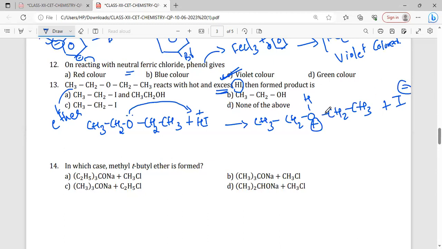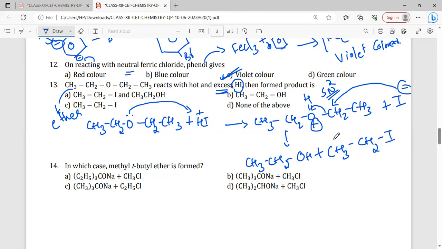So this oxygen has got positive charge. Obviously, it wants to take electrons. It will take these electrons, and now this carbon has become electron deficient. The nucleophile will attack. So this is a nucleophilic substitution reaction, and specifically an SN2 reaction, because your nucleophile is attacking from the opposite side of the leaving group. So I will be getting CH3CH2OH plus CH3CH2I, ethyl iodide.